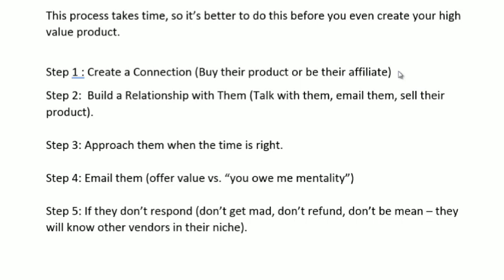So in this case, if we're going to do something on weight loss, specifically related to foods, then what we want to do is find all the vendors that are not directly related to weight loss foods, but maybe they offer things like weight loss exercises or things that are not directly in competition that they would more likely say yes. So you can buy their product, or you can be their affiliate and promote their product, which we'll talk more about in the next video.